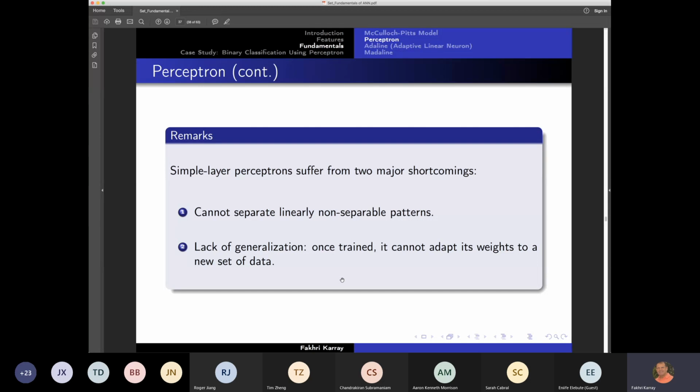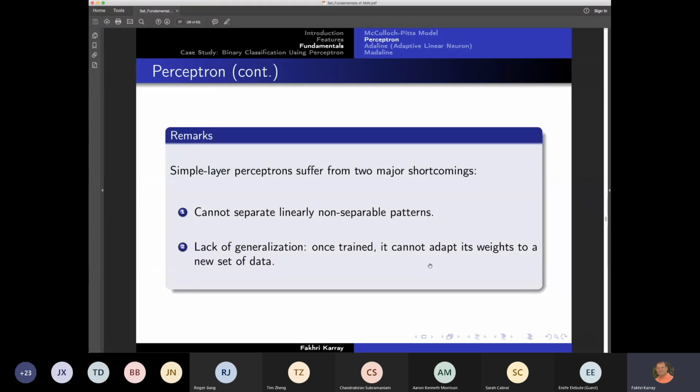The second shortcoming is lack of generalization. This is an important component that we are going to see in the multi-layer perceptron system and also later on in the deep learning model. Once this system has been trained, it cannot adapt to a new set of data.